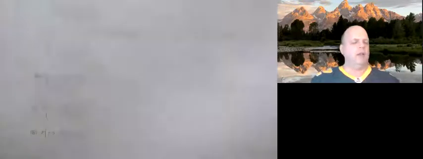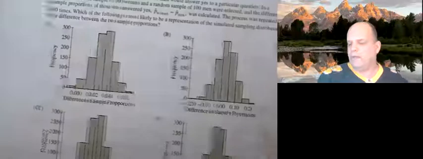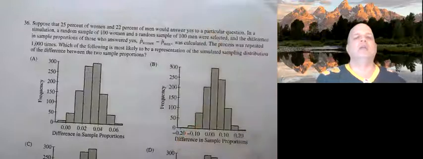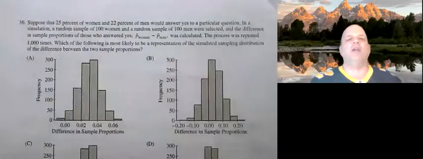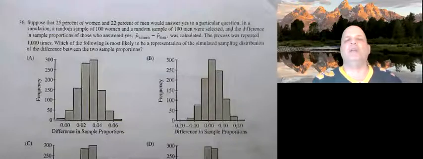All right. Number 36. This is a challenging problem. Made me think earlier this evening. Suppose that 25% of women and 22% of men would answer yes to a particular question. In a simulation, a random sample of 100 women and 100 men were selected, and the difference in sample proportions of those answering, women minus men, was calculated.